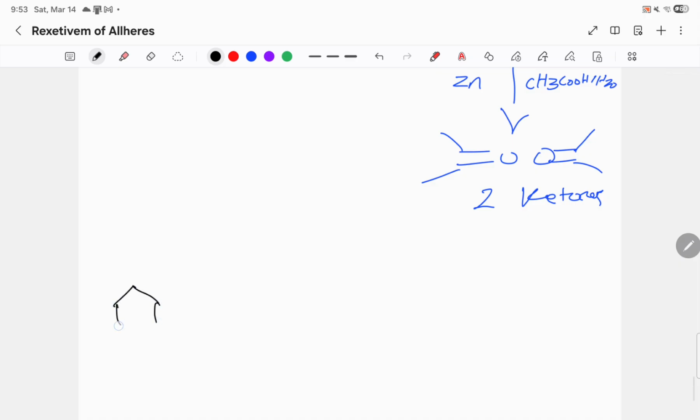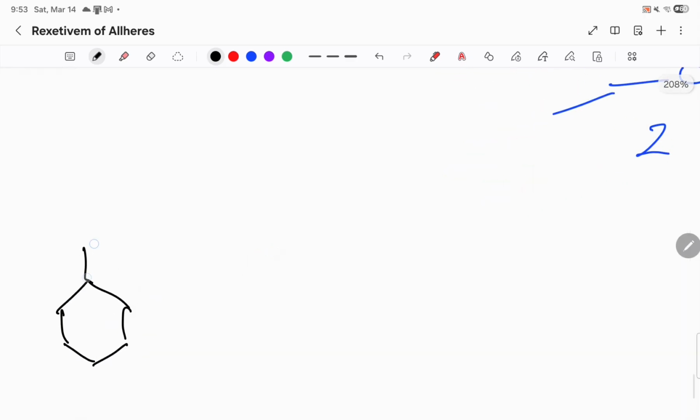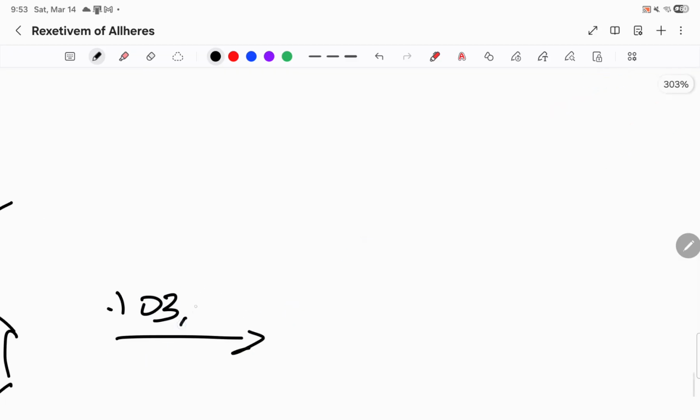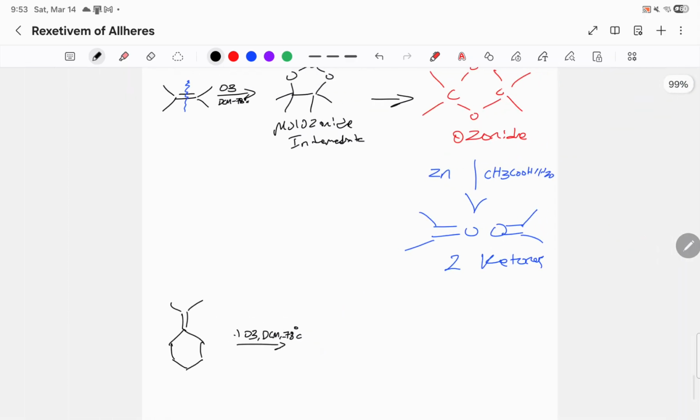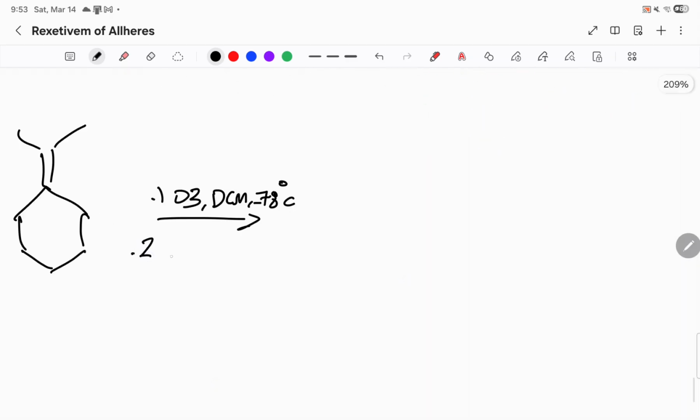Here, I have a molecule like this. I'm going to go through my ozonolysis reaction. Remember, this occurs in dichloromethane at minus 78 degrees Celsius, right? Just like we talked about over here. The second step was we needed zinc, okay, in some kind of acid.